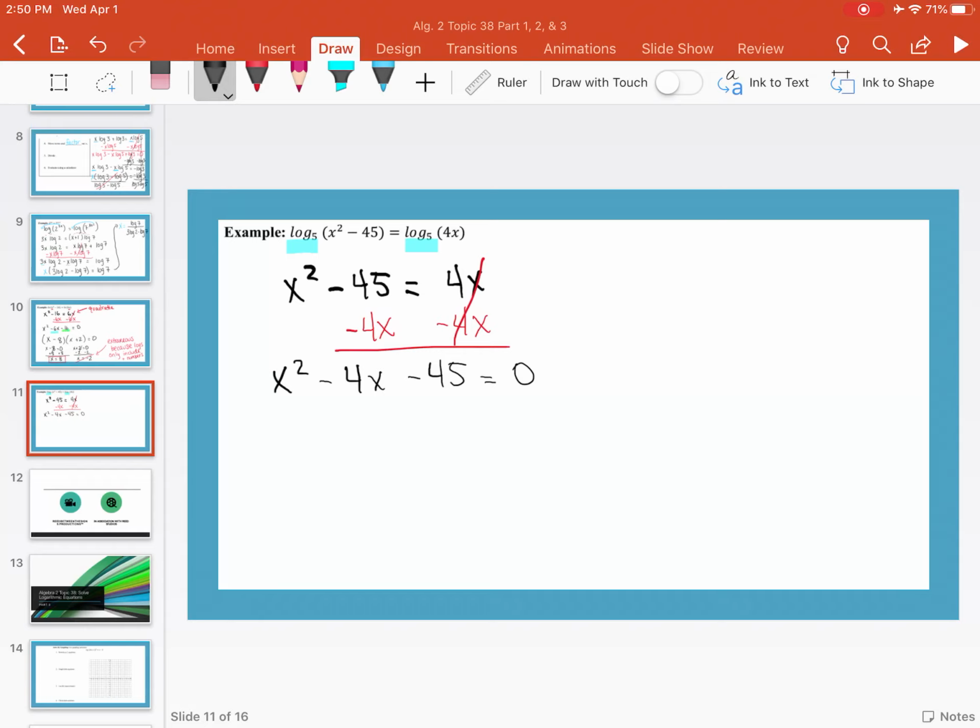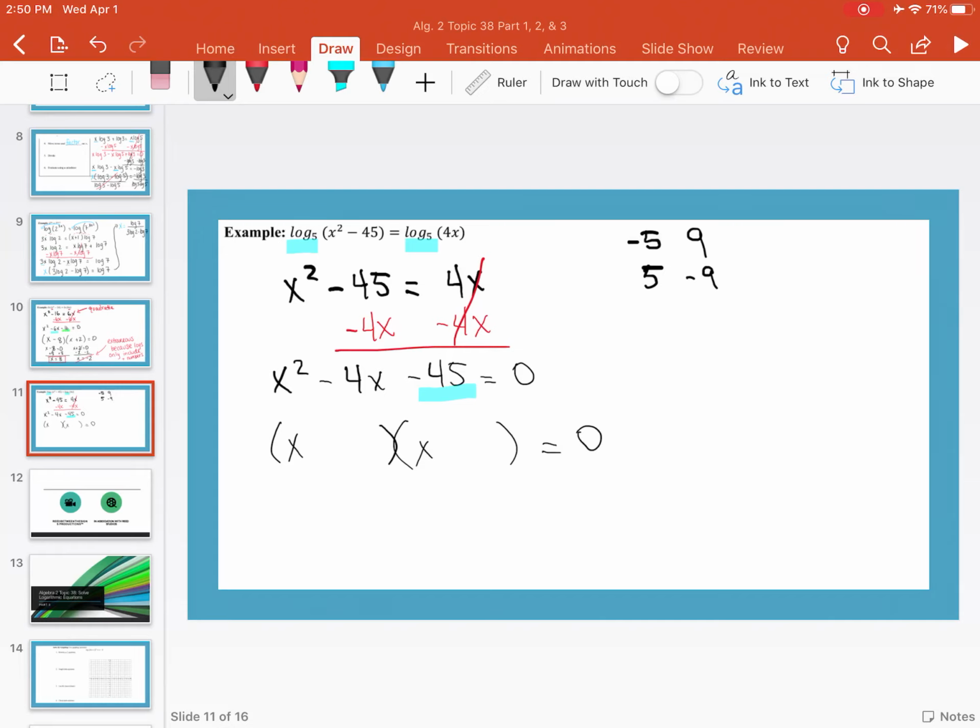You can also solve this using the quadratic formula or again completing the square. So let's try to factor it. Practice those factoring skills. Now what will multiply to get negative 45? Well, we know that 5 and 9 get you 45. So we could either have negative 5 and positive 9 or positive 5 and negative 9.